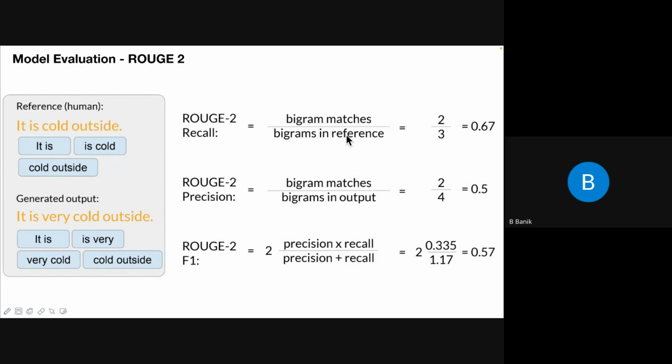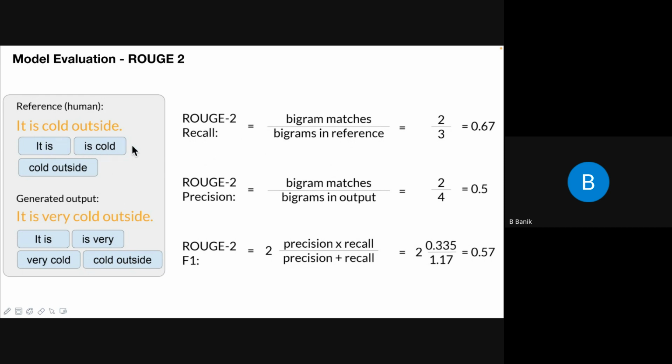These are the same, another example: "It is cold outside." How do you calculate the ROUGE 2 score? You take a sequence of adjacent words, so "it is", then "is cold", then "cold outside".